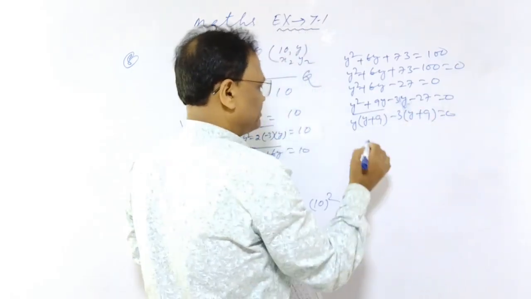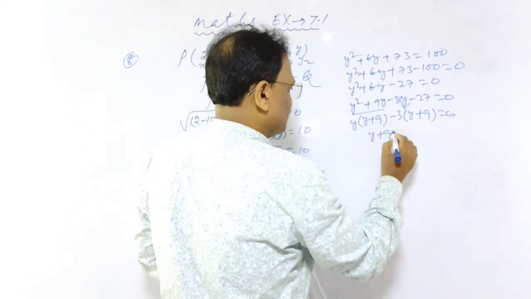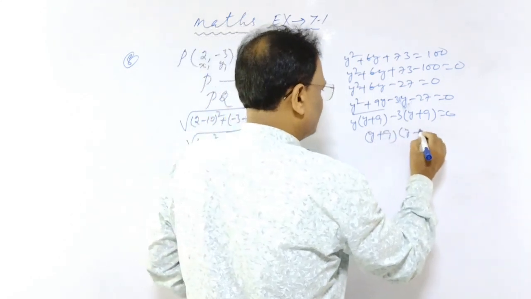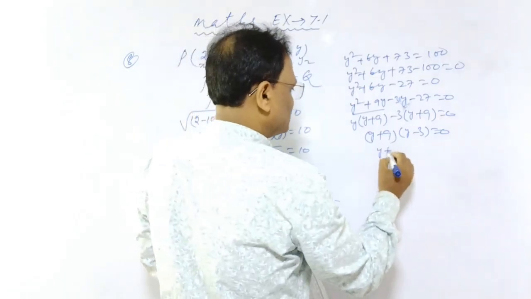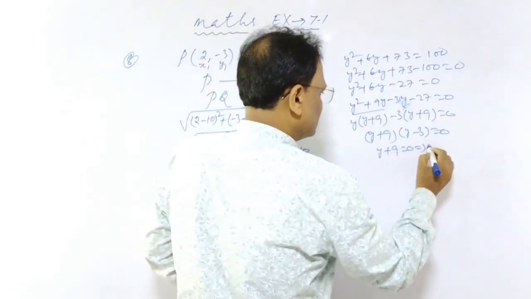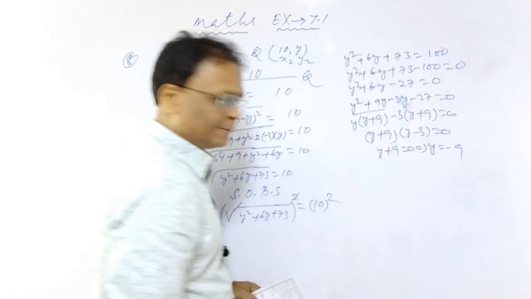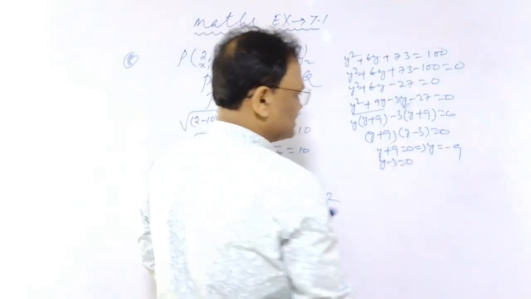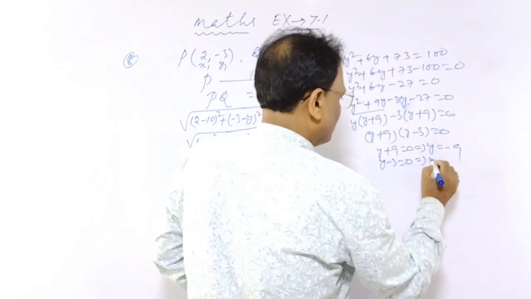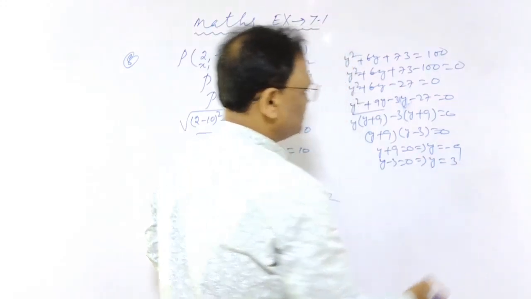Or y plus 9 into y minus 3 equals 0. Now if y plus 9 equals 0, y is equal to minus 9. If y minus 3 equals 0, y is equal to 3.